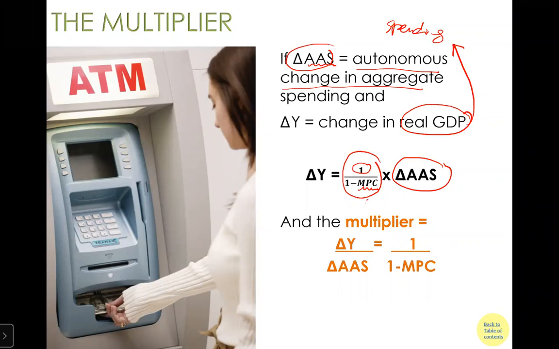And naturally, the multiplier, you can say, is equal to a function of MPC, or equal to the ratio between changes in total spending versus changes in autonomous aggregate spending. Right? So this is the multiplier.